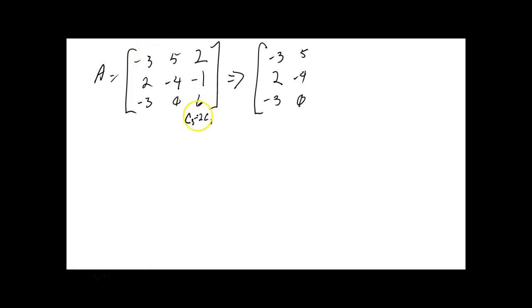Oh, wait. I'm below, sorry. That is a plus. See, column 3 plus 2 column 1. Sorry. So you're right. It should be a plus there. 2 minus 6 is -4. Got it. Good deal. Next.